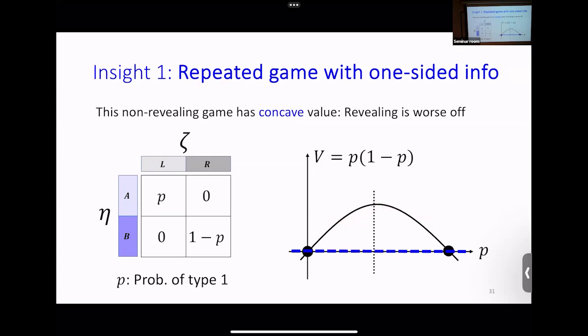So this will be a game where player 1 will not be willing to reveal the information if the value is concave, if he's trying to maximize the value. This is the most important point: whether you reveal the information or manipulate the belief of the other player is really related to the convexity of the value function in the belief space.